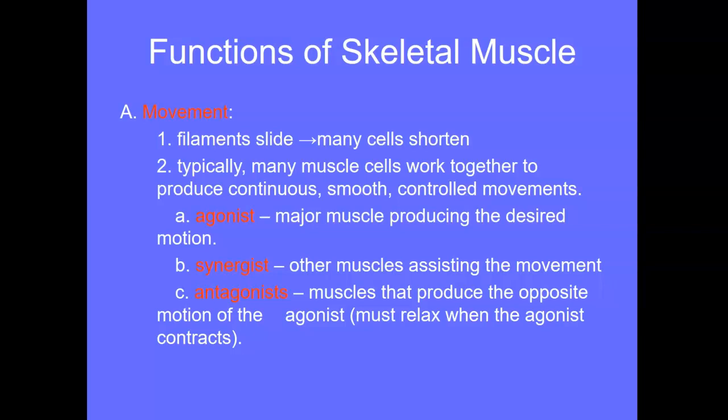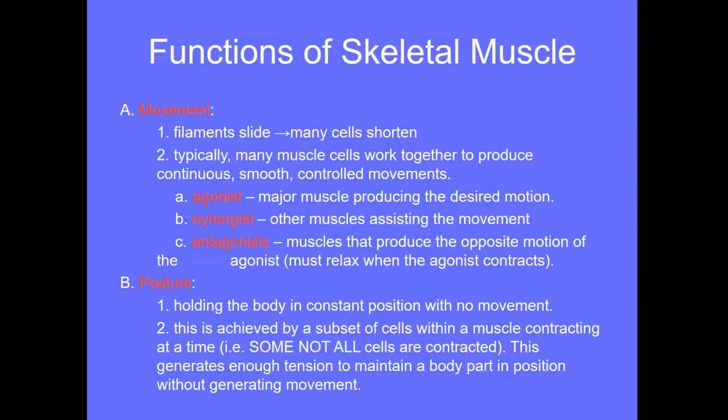So if the biceps are the agonist, the triceps are the antagonists. What this does is it allows the arm to move in the opposite direction. Whenever the agonist is active, the antagonist is usually relaxed. If the agonist and antagonist are activated at the same time, you still have contraction, but that's more of an isometric contraction, and we'll talk about that in a little bit.